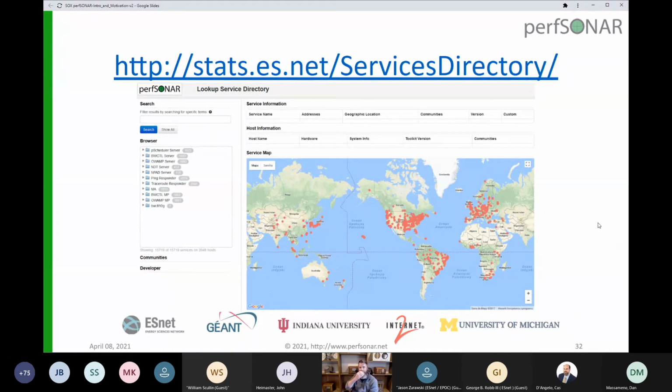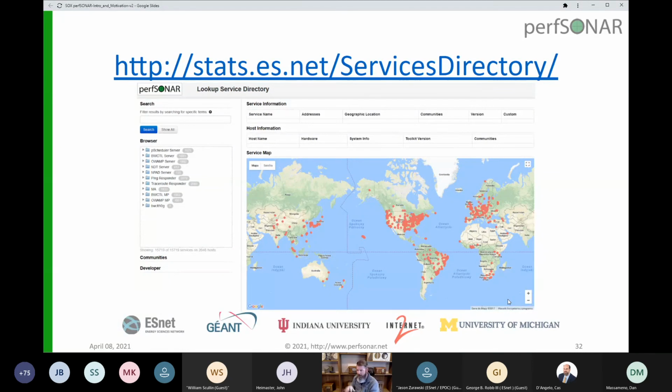So this website here is actually a directory of perfSONAR nodes that are out in the wild, that are open, that are available for testing. And you can see we've got them spread all over the globe. There's definitely heavy concentrations in some parts.